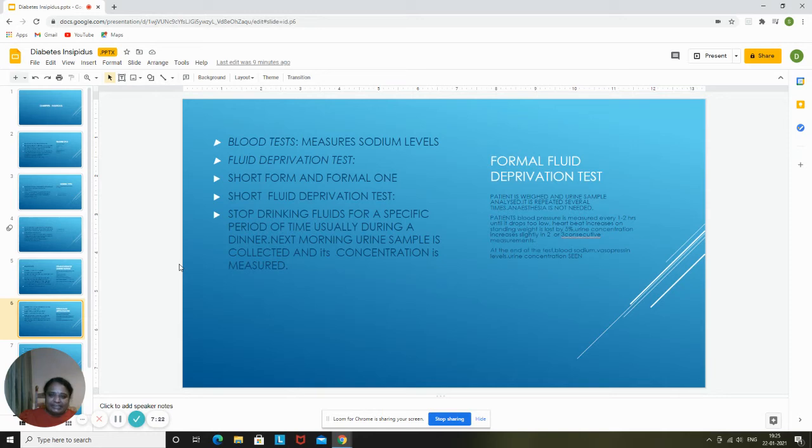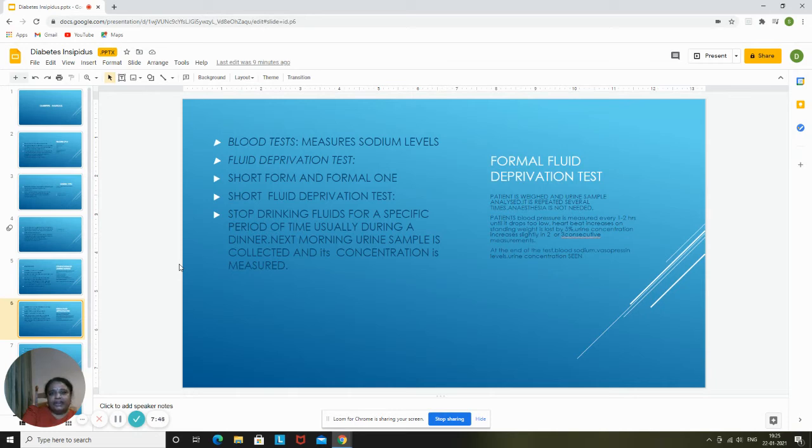fluid deprivation test. So you have two types of fluid deprivation test, that is the short form and the formal one. In the short fluid deprivation test, the patient is stopped from drinking fluids for a specific period of time, usually during dinner.